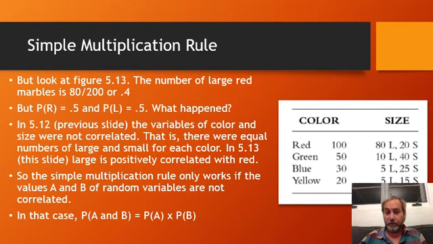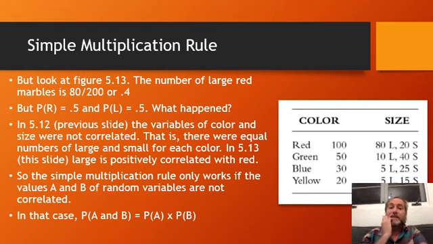Divide 80 by 200, that's 0.4. But here still, the probability of red is 0.5. We still have 100 out of 200 red marbles. And if you add up the larges, you still get 100 large marbles. So the probability of large is still 0.5. If we multiplied those together, we get 0.25, but we can see from the chart that the actual answer is 0.4, 80 out of 200.